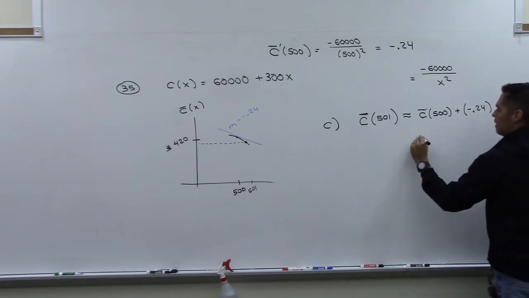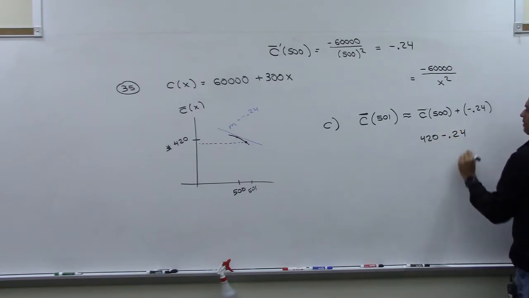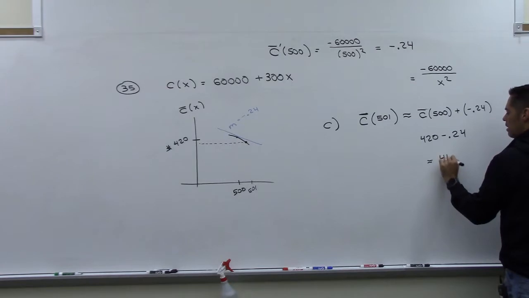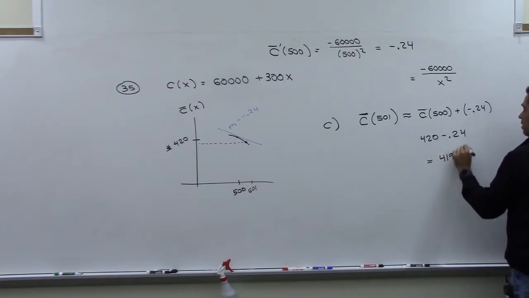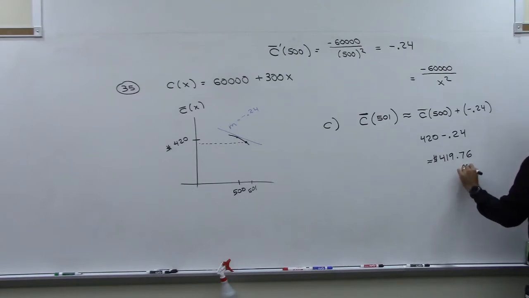So this should be 420 minus 0.24. So we're taking 24 cents off of that. The average cost should be approximately $419.76 per unit.